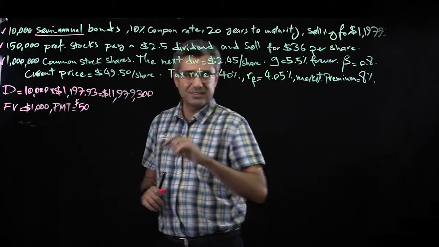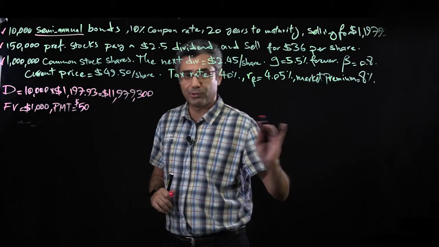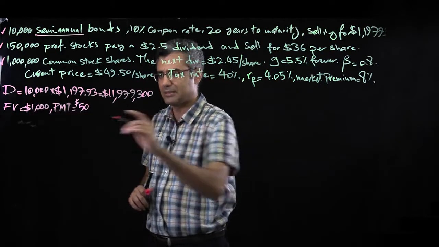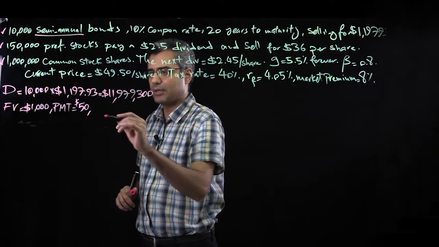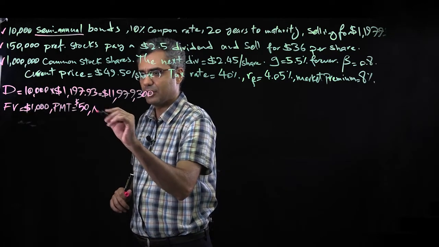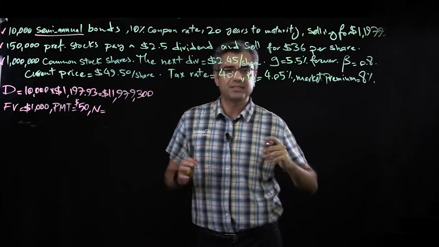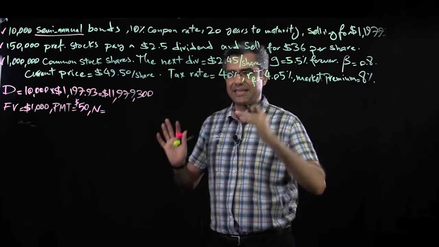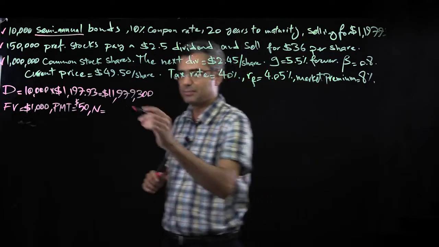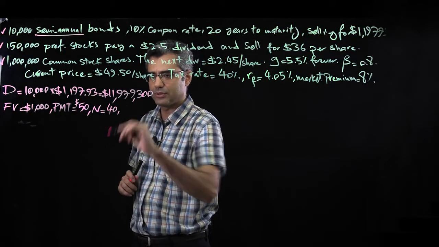We have explained all these things in detail. The next one is N, the number of periods. How many years to maturity? 20 years. But it's semi-annual, so every year 2 periods means 40 periods. So I key in 40.